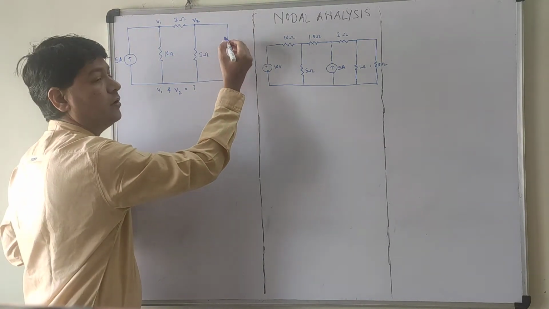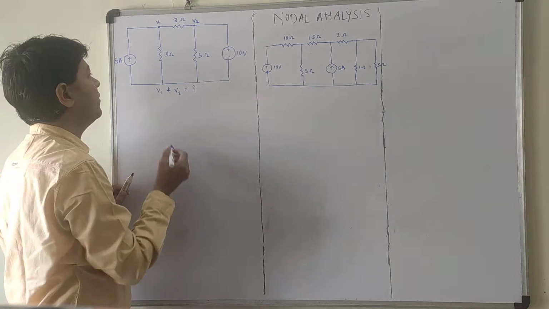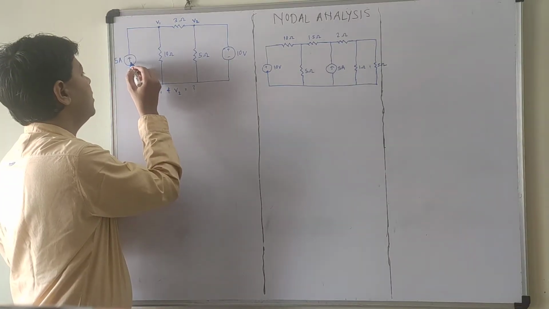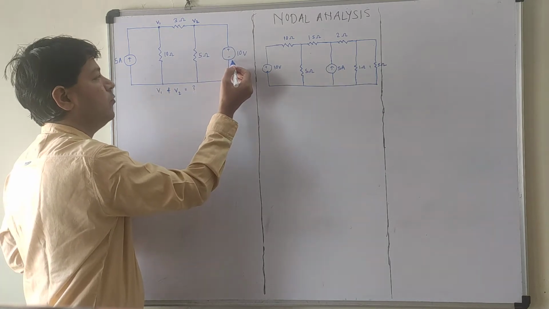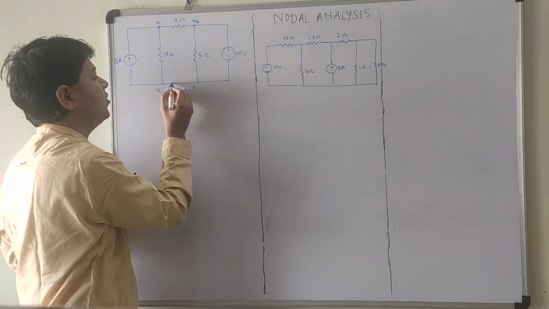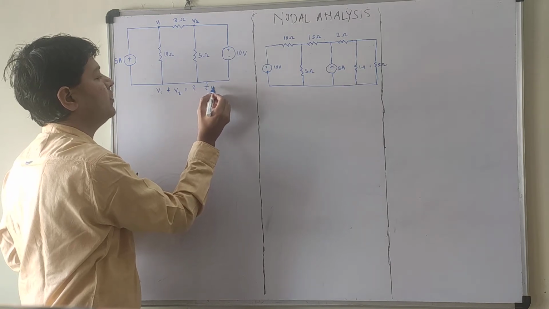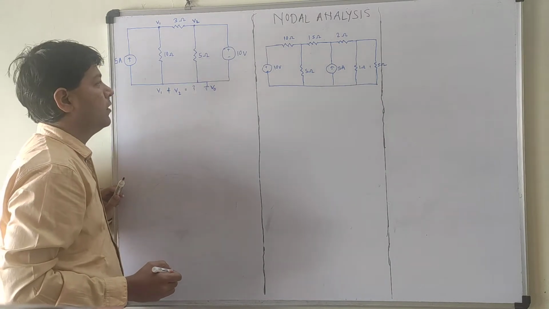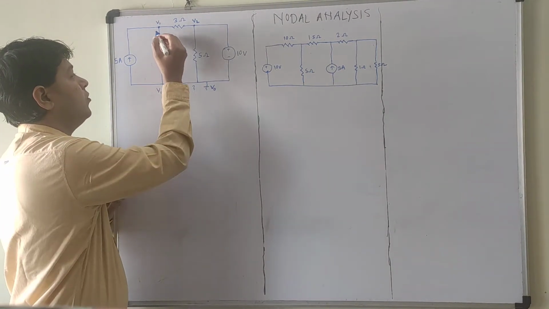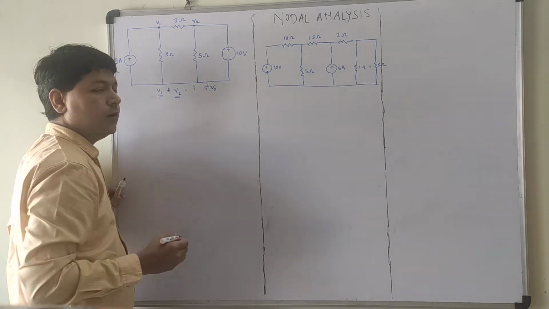Now this is not a node, and this is also not a node, and these are all one node, but the current and the voltage are flowing from negative to positive. So this is a common node which we can specify as ground, which is given the name V0. Now we have to calculate the value of V1 and the value of V2.